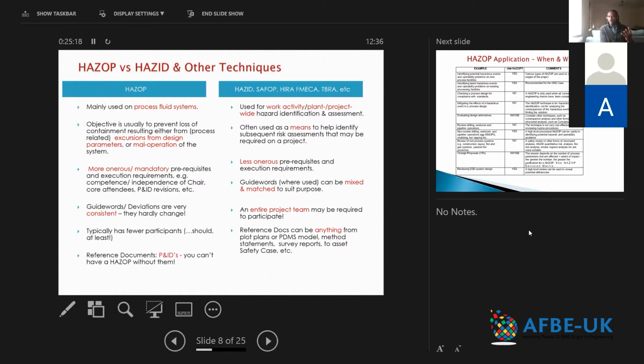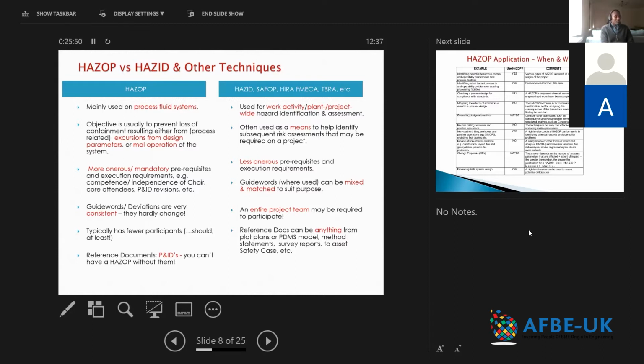That way, you're going to be more productive, I think, and keep things in better control, because it's not easy enough to chair a HAZOP, never mind having a whole room full of people to try and manage. So you want to keep the team as small as possible. Whereas with the other risk assessment techniques, you might have an entire project team in a room doing a SAFOP, or doing a TBRA. That's the difference.